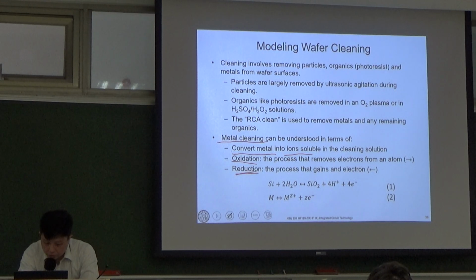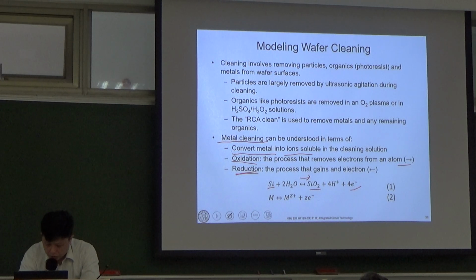For example, going to the right-hand side is the oxidation process. Your silicon becomes silicon dioxide, and you lose some electrons. Reduction is the other way: you gain electrons.